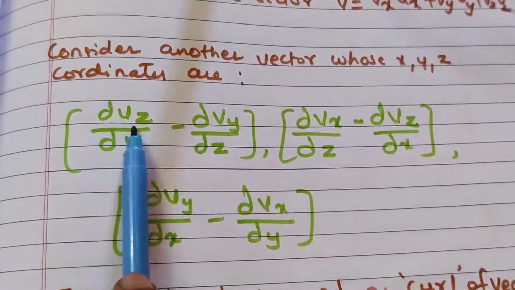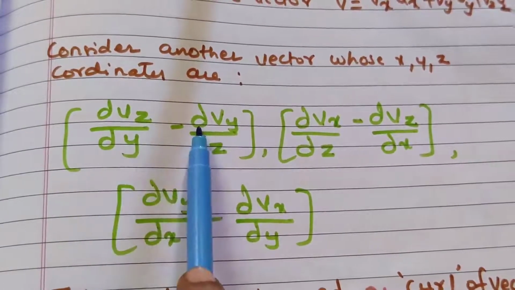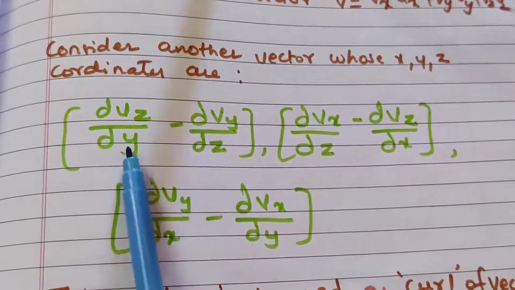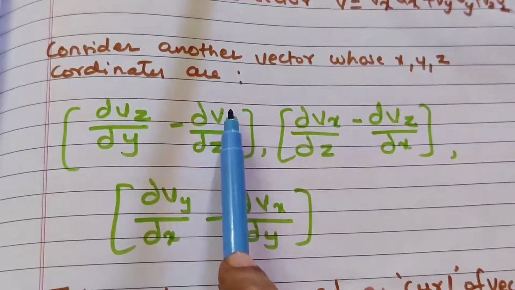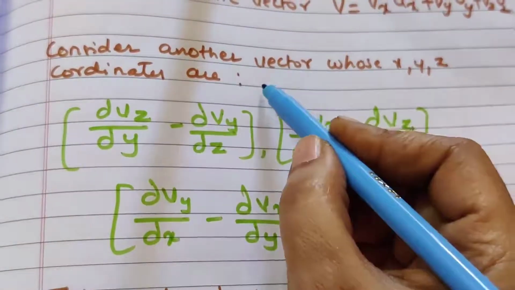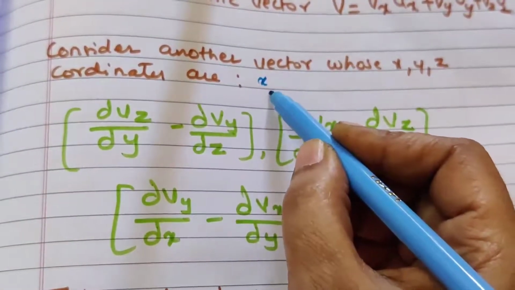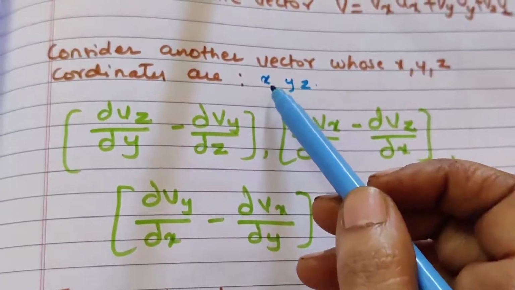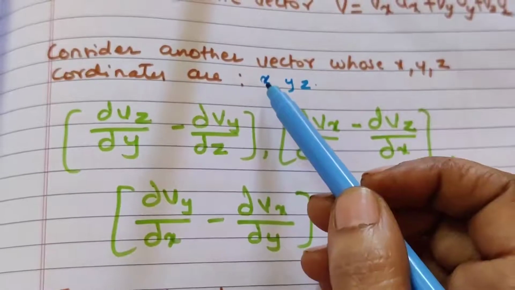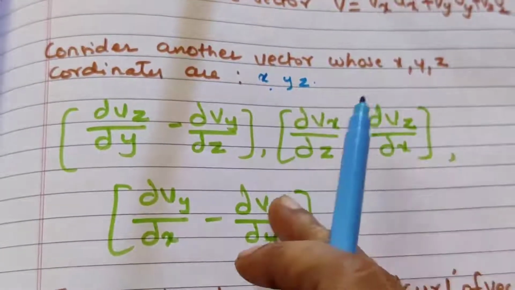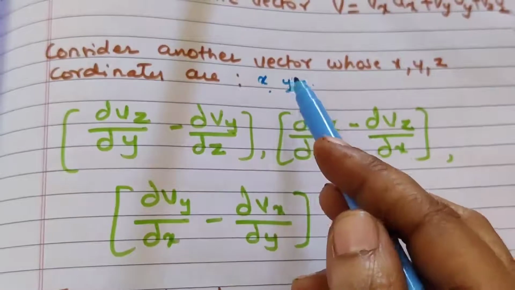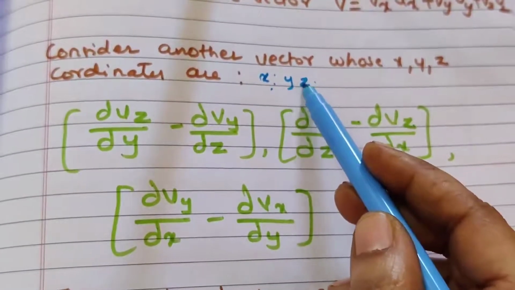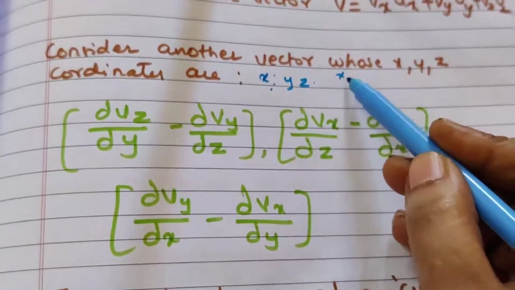Just remember it as ∂vz/∂y and ∂vy/∂z, so the opposite things come. For your remembrance, this is just a tip, not practically proven. Write x, y, z in the form of a circle.